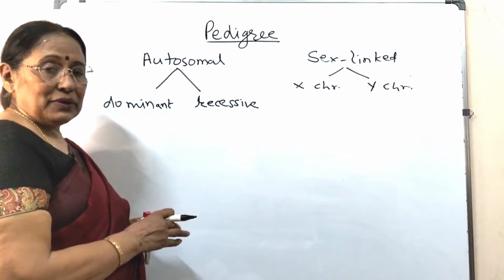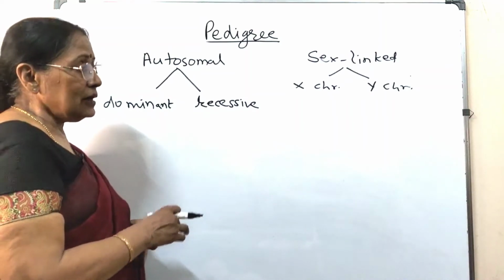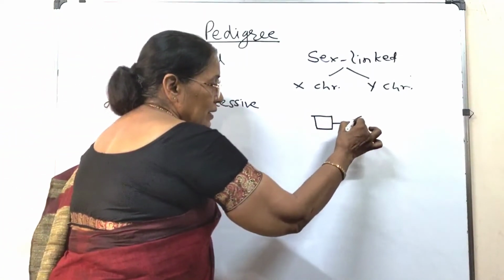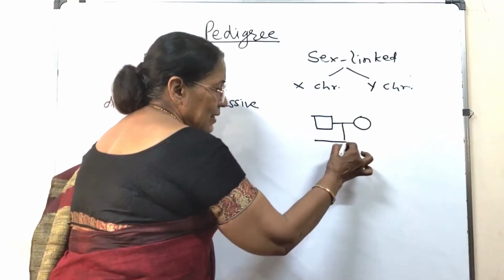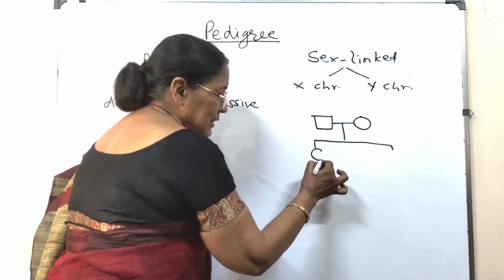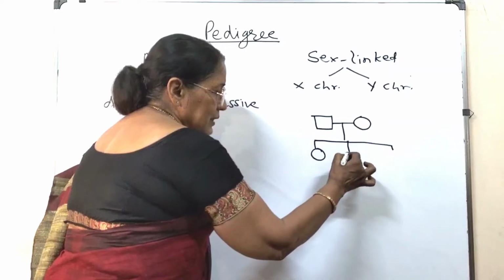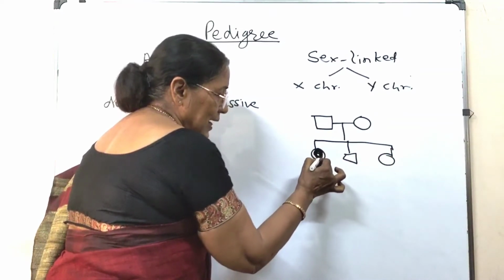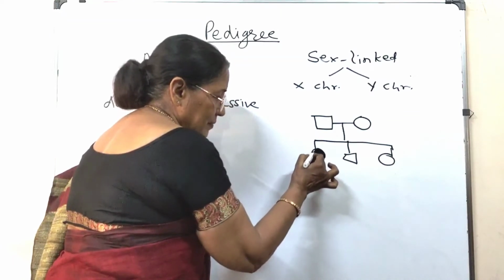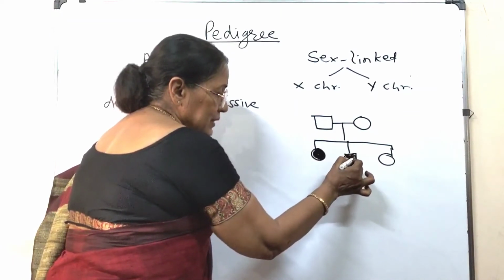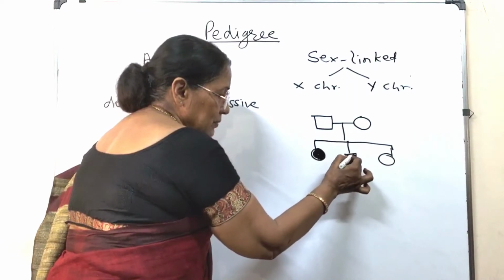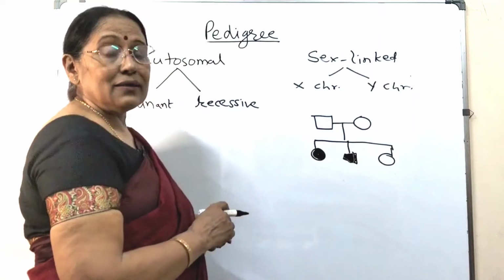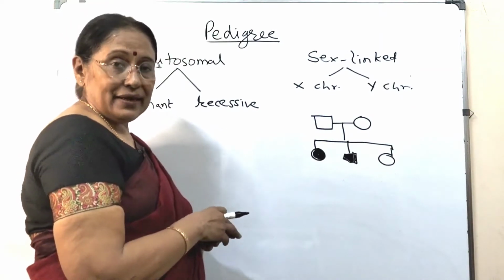If it is autosomal, suppose you are observing one pedigree chart in which you see that the children, the girl as well as the boy, both are affected, then you can come to the conclusion that this is not a sex linked inheritance.